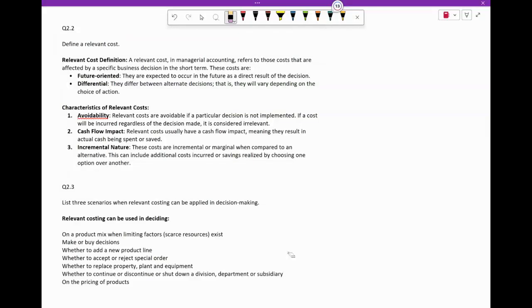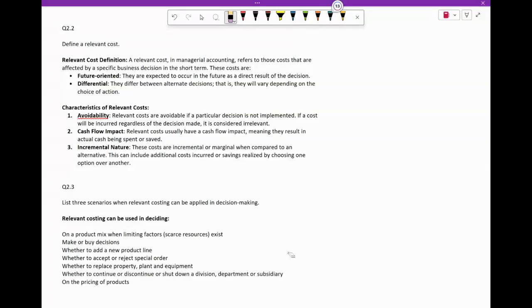If a cost will be incurred regardless of the decision, it is considered irrelevant. We saw this when we were introducing the theory to this. And then cash flow impact. Relevant costs usually have a cash flow impact, meaning they result in actual cash being spent or saved. That's why they are relevant.